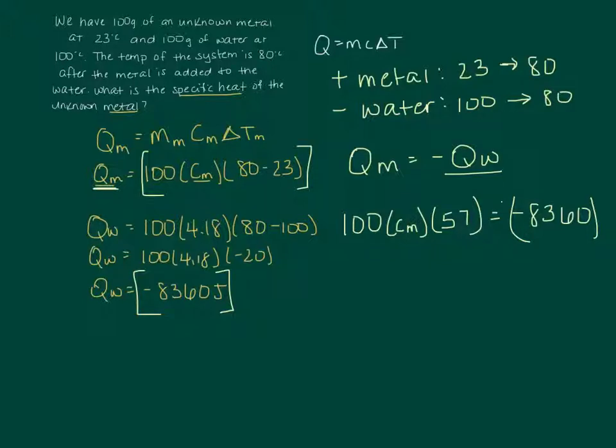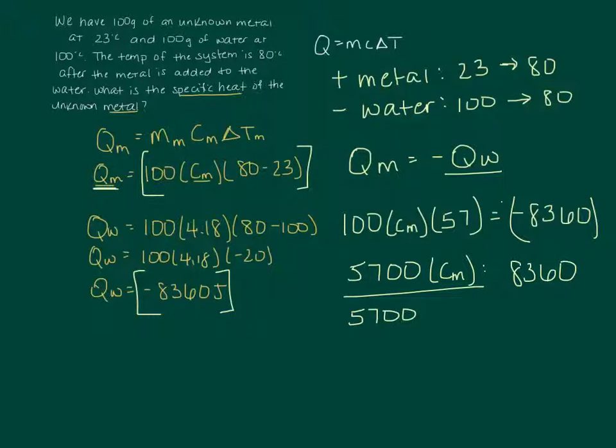So then this is going to equal 5,700 times cm equals 8,360. Now finally I can solve for my specific heat algebraically. 8,360 divided by 5,700 gives me a specific heat of my unknown metal of 1.466. I'll round up to 1.47.